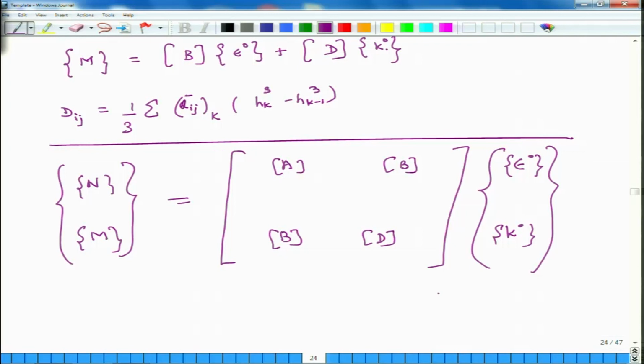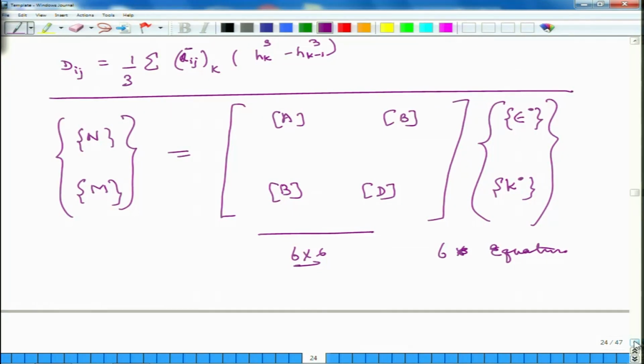Okay. So, these are 6 equations, and this is a 6 by 6 matrix. Okay. So, this is what I wanted to discuss.